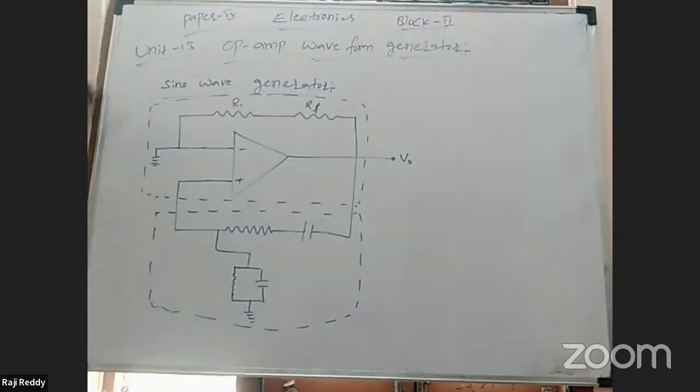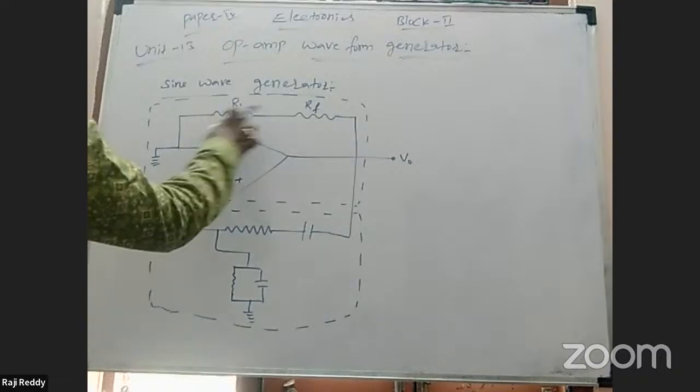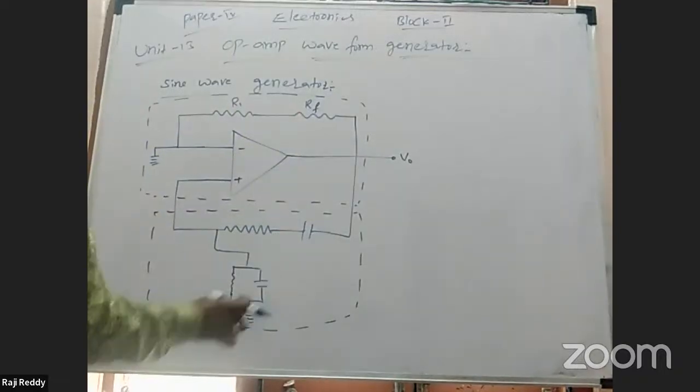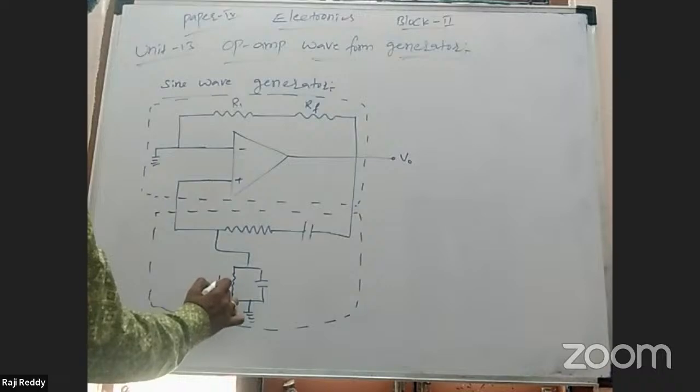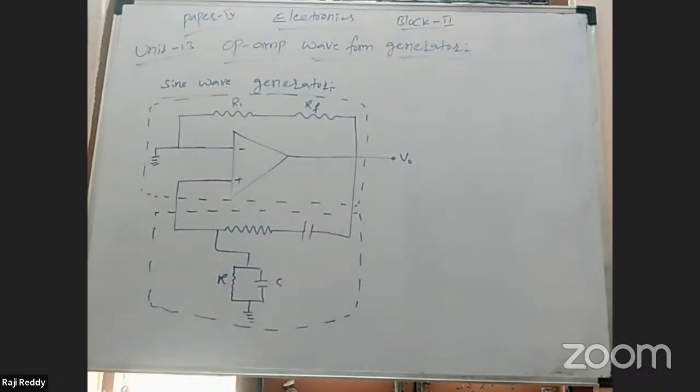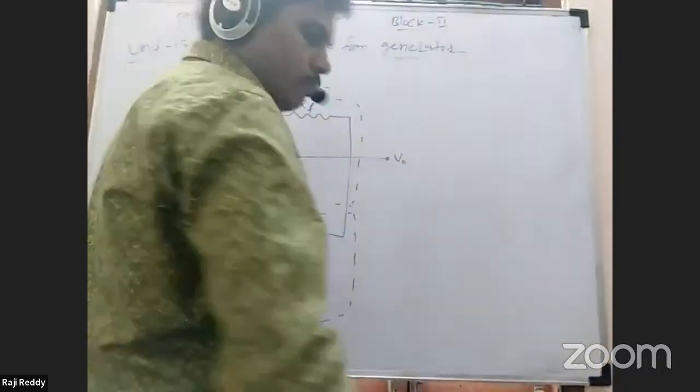It looks like a Wheatstone bridge type. One, two, three, four components. These four are arranged in a bridge manner with the operational amplifier. I think you know the Wheatstone bridge.